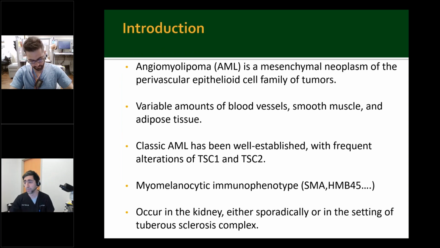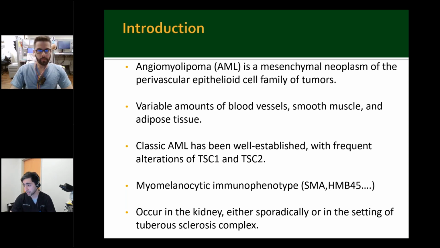The introduction of this paper highlights several important aspects of renal angiomyolipoma that set the stage for our discussion today. Angiomyolipoma is a perivascular epithelioid cell family tumor. It's a mesenchymal neoplasm characterized by various amounts of blood vessels, smooth muscle, and adipose tissue.